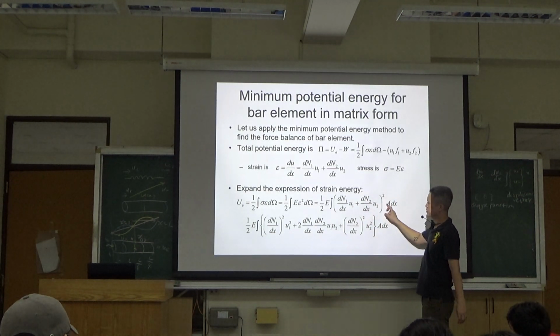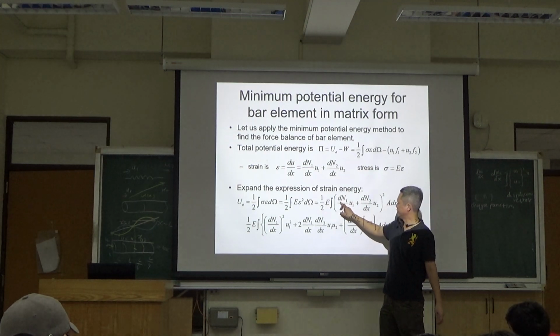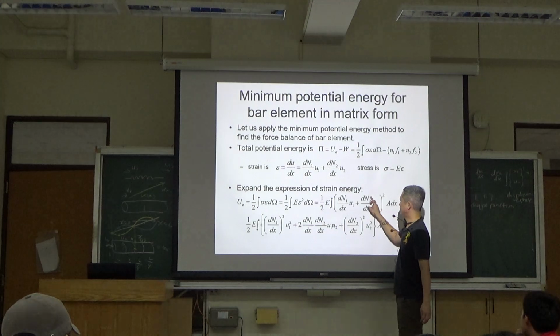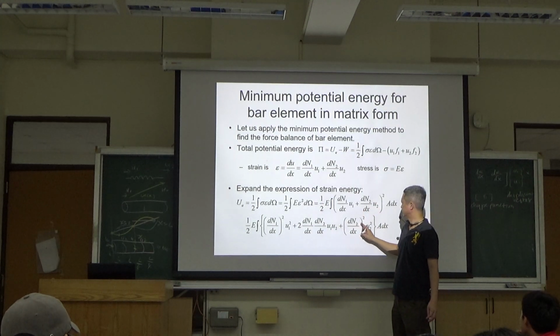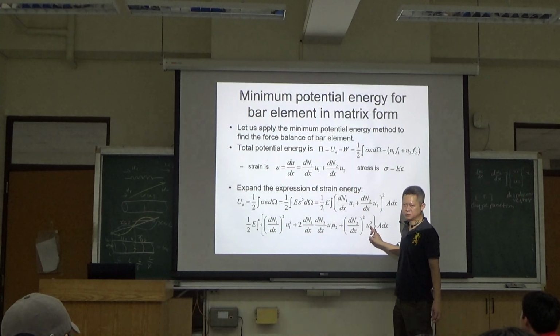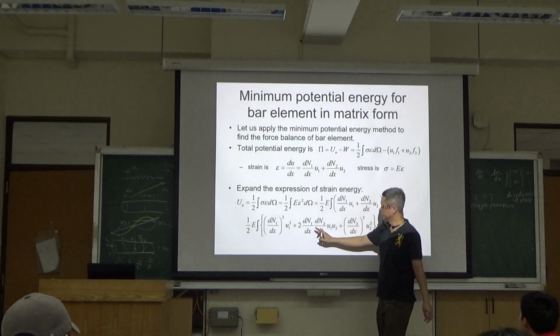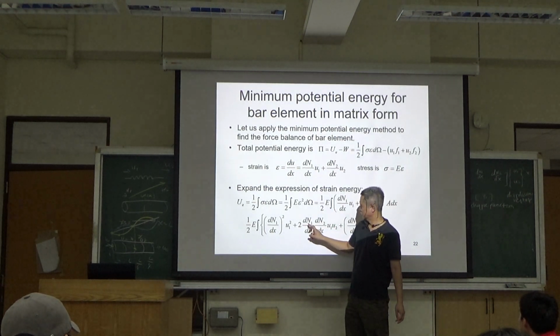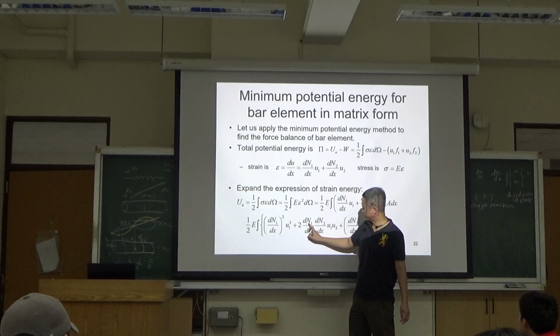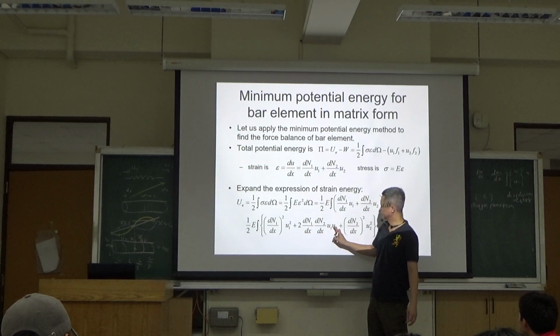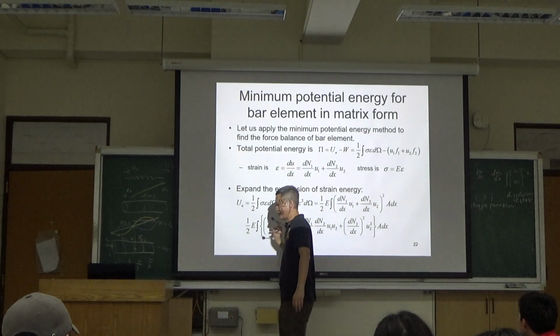And if you do the expansion, the first is shape function 1 gradient times displacement 1 squared, and then plus shape function 2 gradient times displacement 2 squared. And then they have their cross multiplications, which is 2 times the gradient of the first shape function times the gradient of the second shape function times the first displacement and the second displacement.